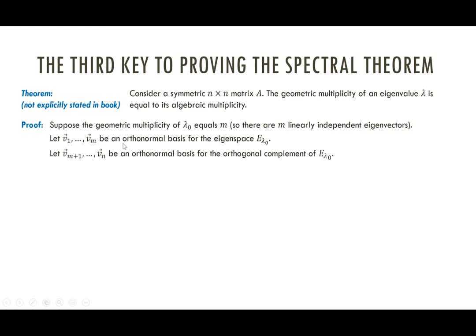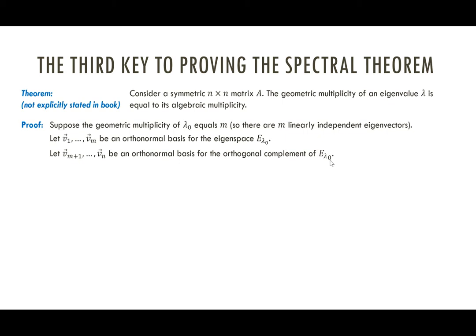But okay, so you've got your orthonormal basis for your eigenspace, E lambda 0, and then let v(m+1) to vn be an orthonormal basis for the orthogonal complement of E lambda 0. Right now we're not claiming anything about the relationship of the orthogonal complement of E lambda 0 to the other eigenvalues.